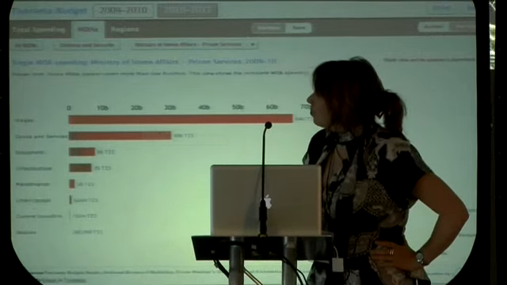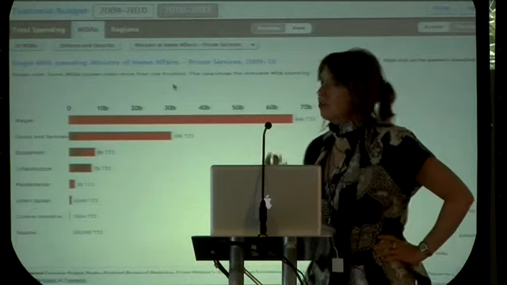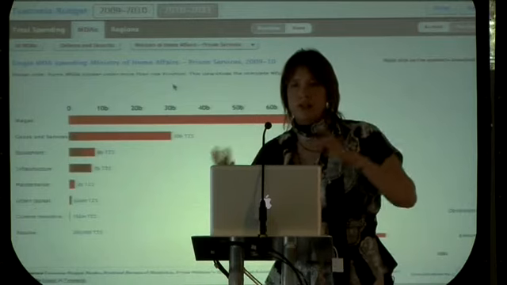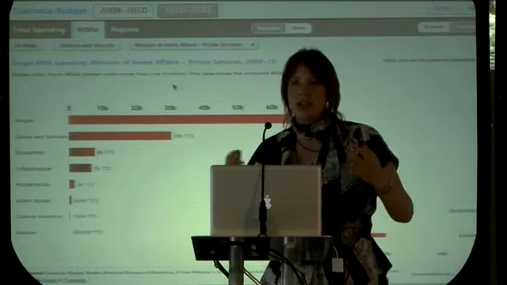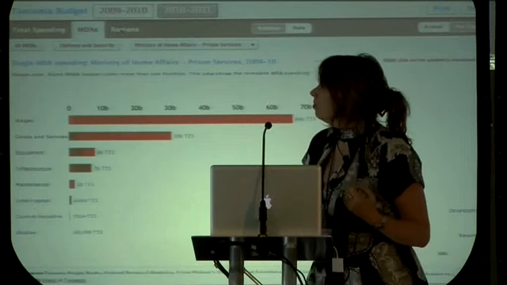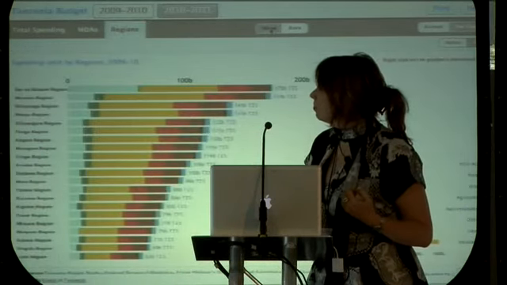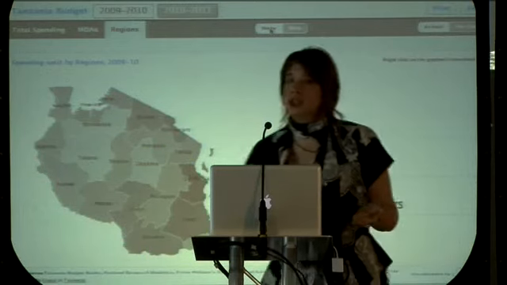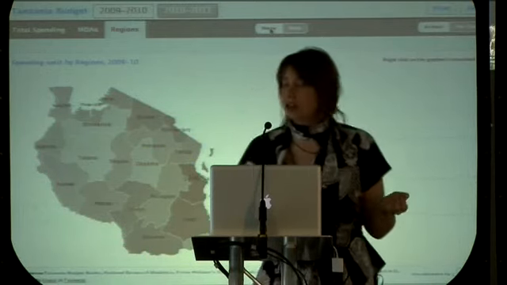So this should give you an idea of how you can look at things from different perspectives and get a feeling for what all this data actually means. Another way of looking at things, when you're looking at regional spending, is to look at things on maps.